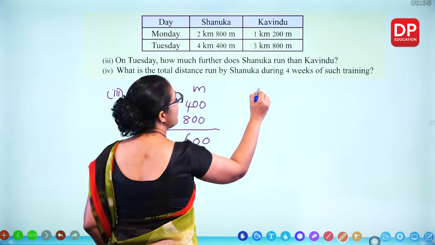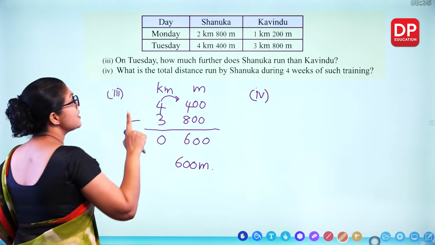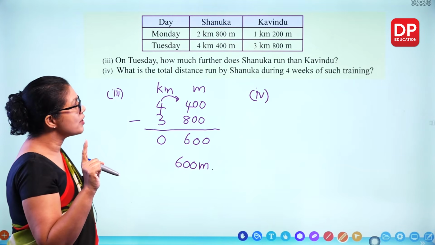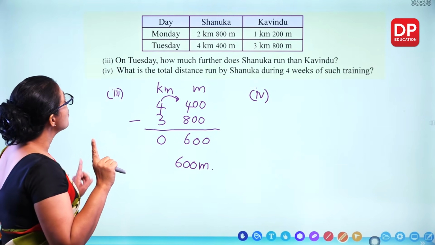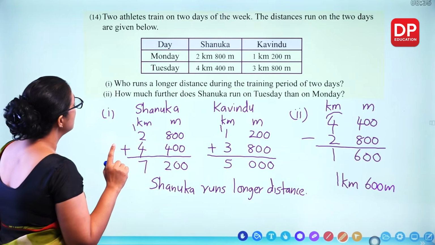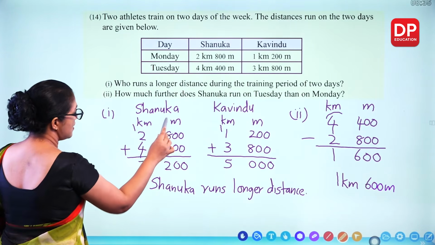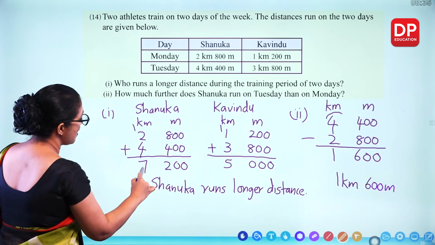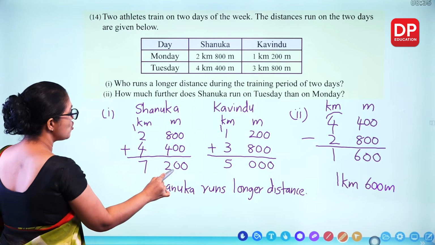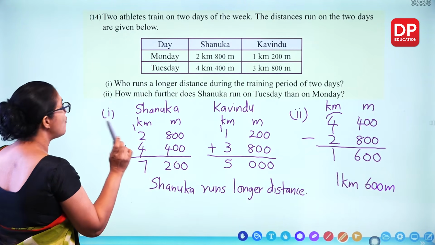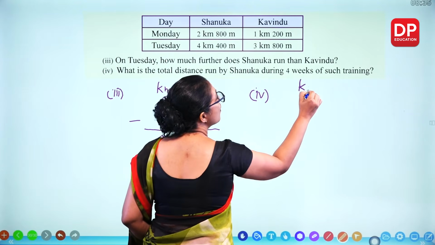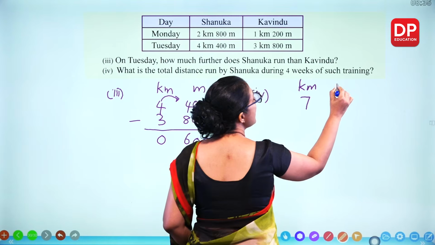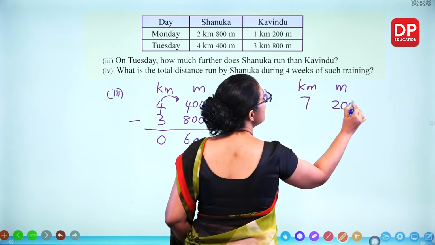Now we look at the fourth part. What is the total distance run by Shanuka during 4 weeks of such training? Now, what's the total? We found Shanuka runs 7 kilometers and 200 meters per week.